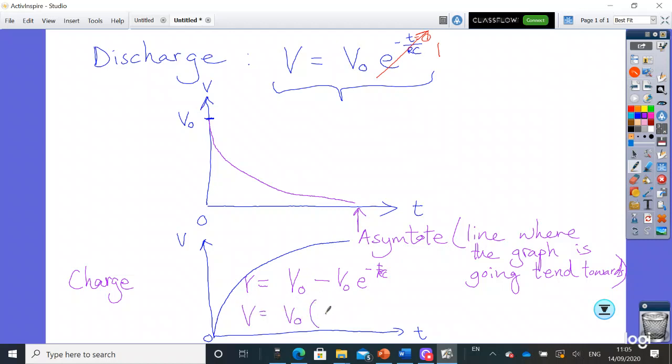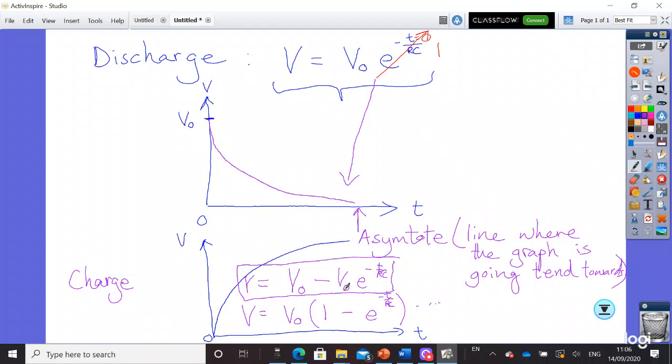V naught times what gives you V naught? 1 minus e to the minus t over RC. And that's the equation you see constantly in the textbook. But I like this version because this is the key to unlock how we get from there to there. Okay?